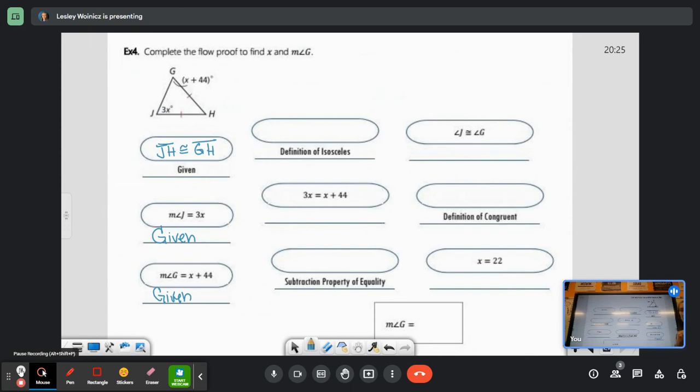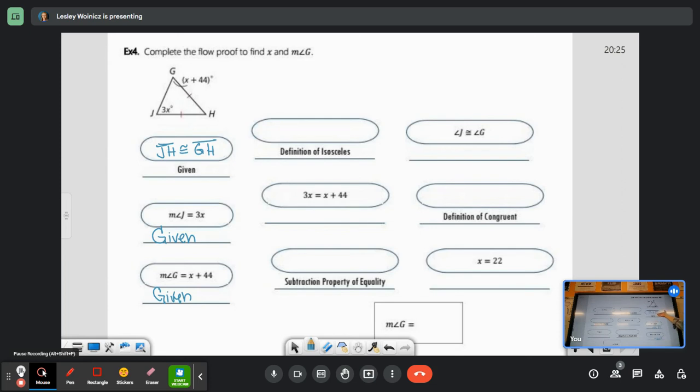Okay, guys, this is just like the one that we just did where we're doing our justifications with our steps, but instead of going into columns, it's kind of going to be a fun little web, and we're going to figure out how they connect. So what does the definition of isosceles tell us?